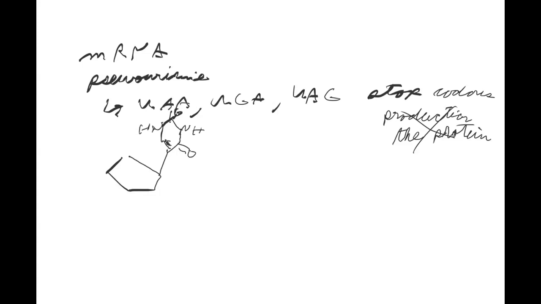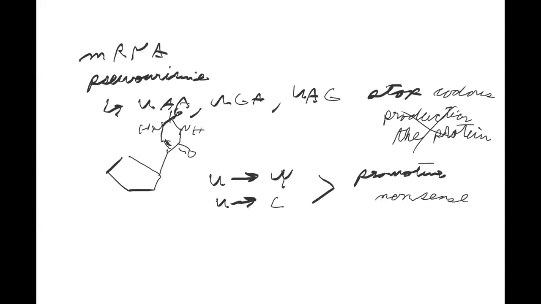So this structure for the stop codons, for either U or for the pseudouridine, and for actually U to C, they are promoting nonsense suppression.